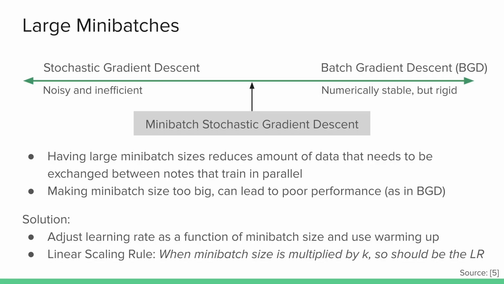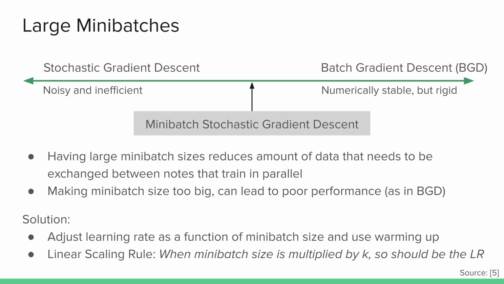Having large mini batch sizes can boost your performance because then you're processing a bigger chunk of data at the same time, using the memory that you have in your GPU wisely, and also being more stable in terms of the expectations that you can get for your gradient.